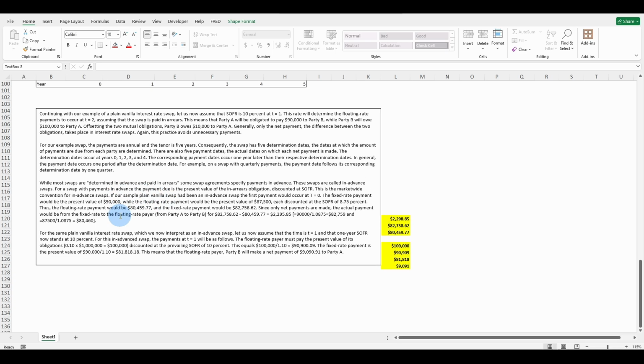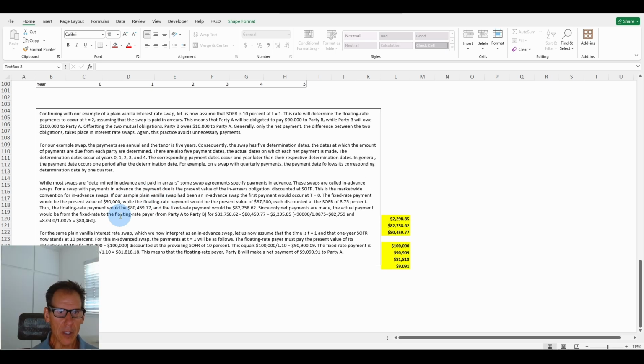While most swaps are determined in advance and paid in arrears, some swap agreements specify payments in advance. These swaps are called in advance swaps. For a swap with payments in advance, the payment due is the present value of the in arrears obligation discounted at SOFR. This is the market-wide convention for in advance swaps.